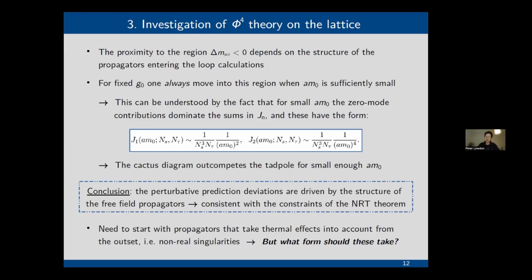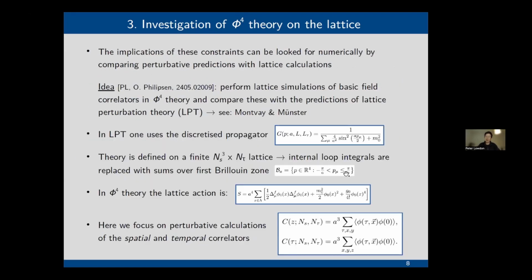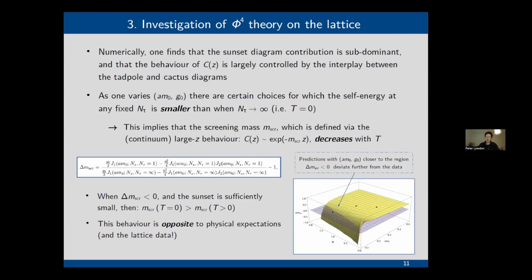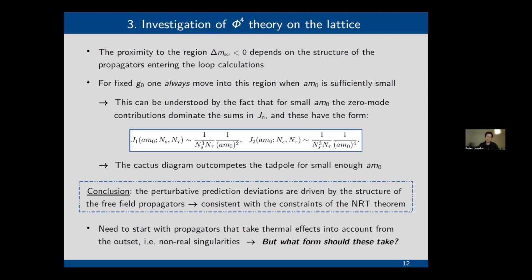So that means that using these standard propagators is not the correct way forward, because if you do that, you end up with a theory that has no interactions, a trivial S matrix. And in fact, this is the root of the problem. This is causing the deviations of your predictions from the lattice data, because you're using these propagators. So in a sense, you can think of these deviations as a kind of manifestation of the constraints that you get from this theorem.